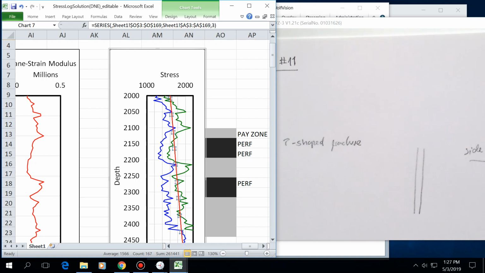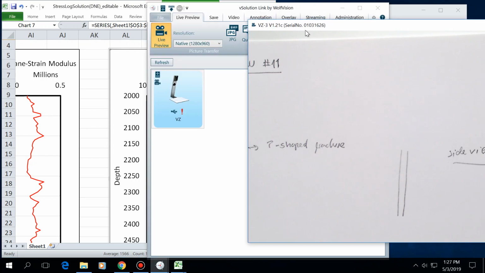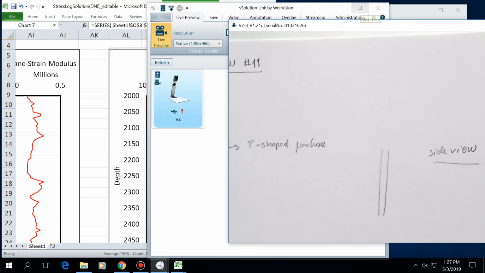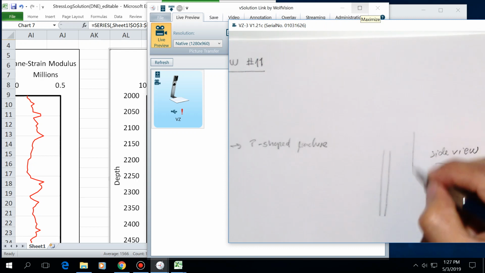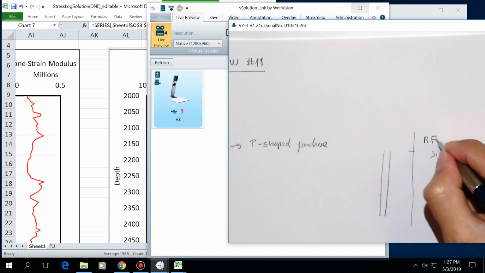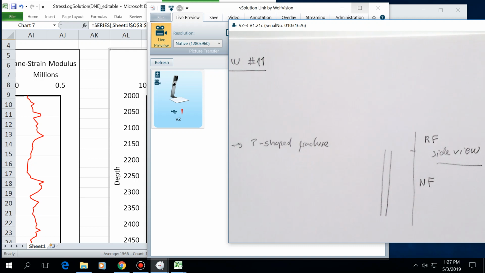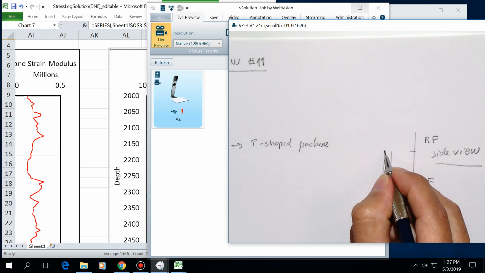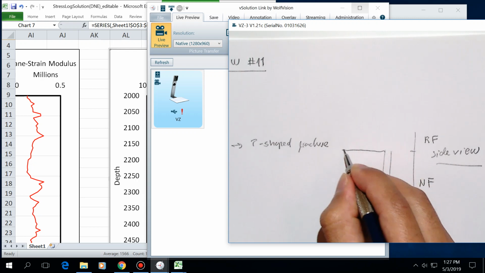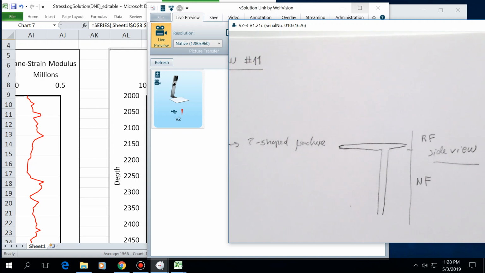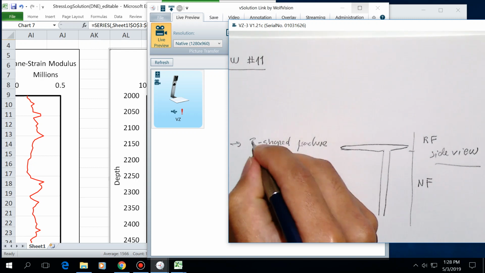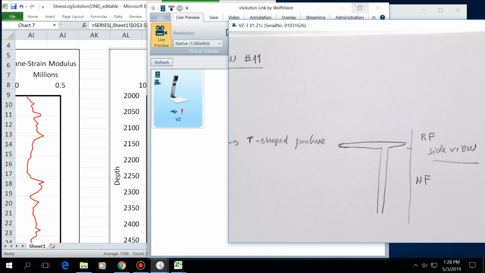It starts as a vertical fracture, but then when it gets to a change of the faulting regime, it will start to propagate like that. That's what it looks like, a T, right? That's what it's called, a T-shaped fracture.